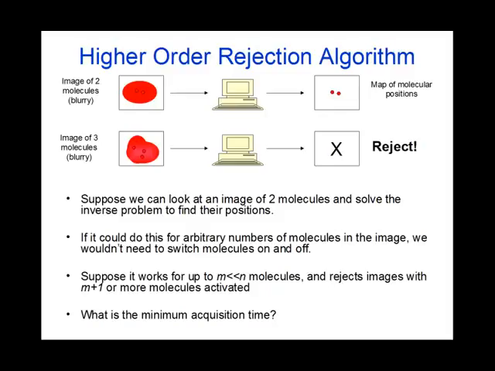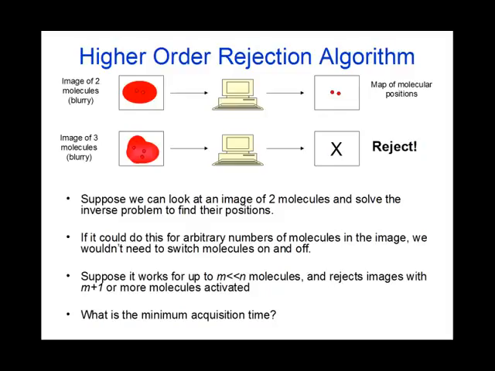What I just want to say is, let's work out the maximum improvement you could get if you use these techniques. Let's say we've got some algorithm that can work with the multi-molecule images. And it works perfectly up to some number of molecules. If it gets a 2-molecule image, it knows it has a 2-molecule image, and it finds those 2 positions perfectly. But eventually, there's some limit.